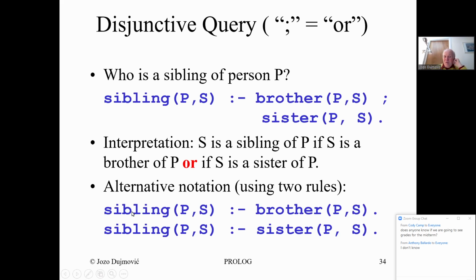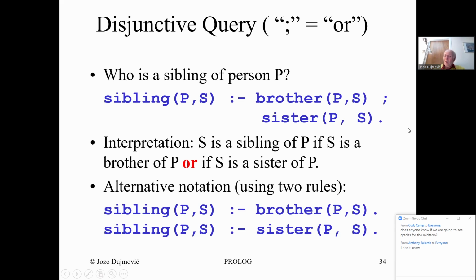Pay attention that if you have multiple rules like this one, sibling is brother, sibling is sister, therefore, there is the OR connectivity between this first rule and second rule, because after you satisfy or fail to satisfy the first rule, you are going to satisfy maybe the second rule. So you either satisfy first or satisfy second, you are going to get your sibling. Therefore, this is brother or sister. So you have sibling if you have brother or you have sister.